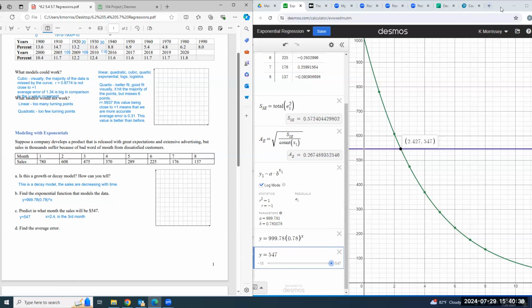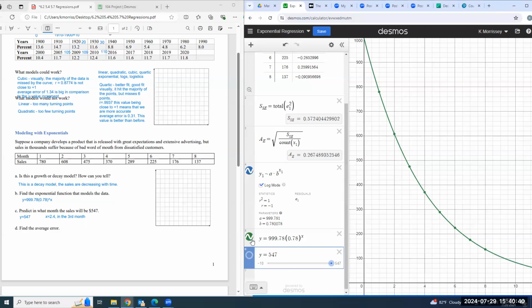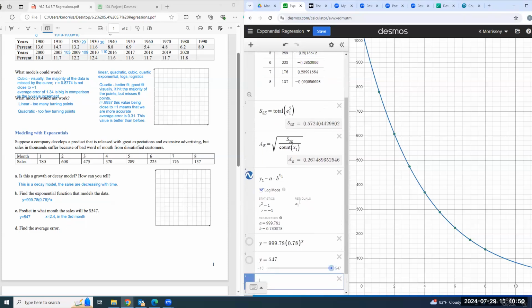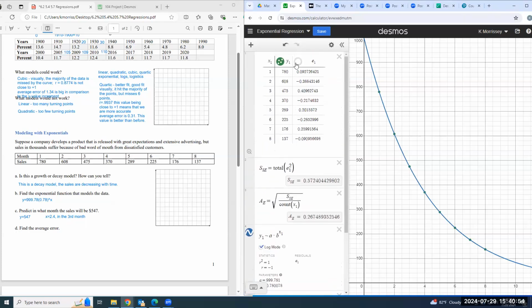So I'm just going to go back here, and we're just going to click out of these values. And when it says your average error, well, we do need your SSE and your average error here. So let's go ahead and make sure that your residuals, which are in E1 right here, if you wanted to plot them, you can. Again, it is just about perfect.